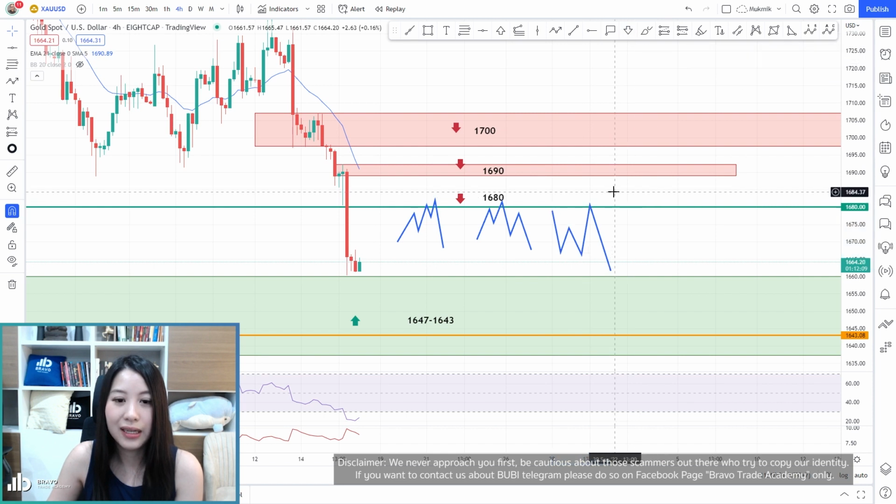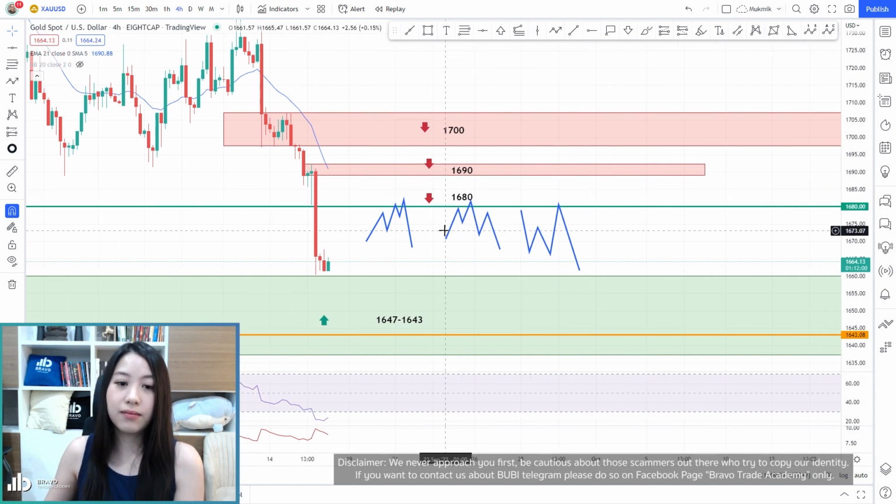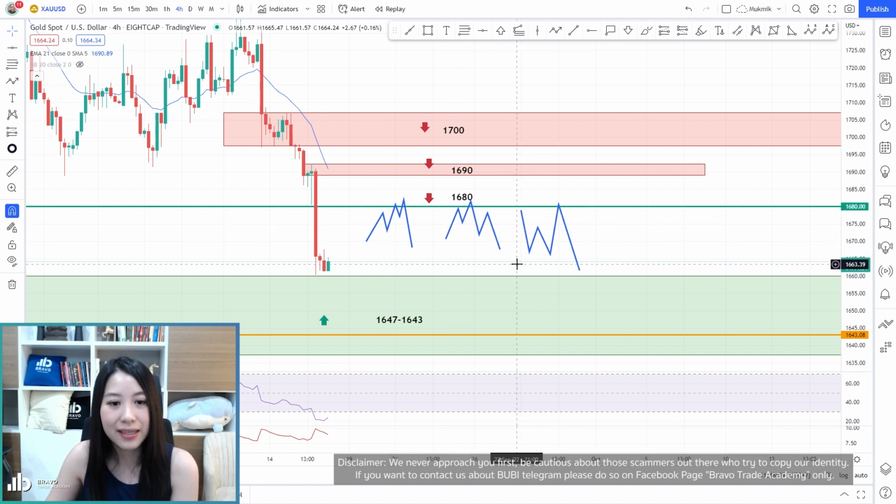Okay, so those are the 3 patterns that you can wait for and see what it will choose. So if it chooses this 1680 as a resistance, the price will go down straight away. It will have these 3 patterns at 1680.